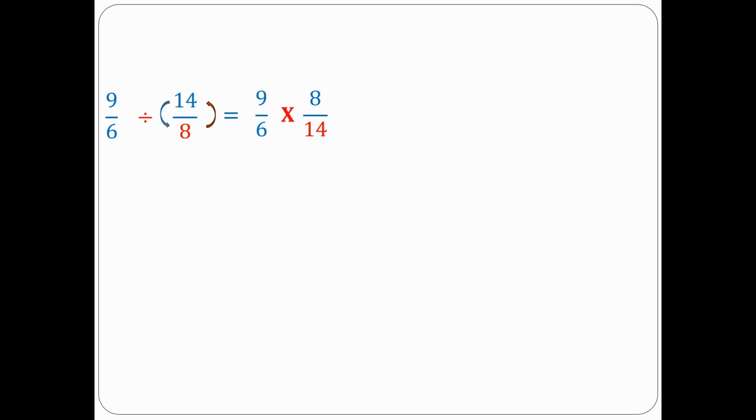Now to avoid multiplying large numbers, we will first break down the numbers into small values. So 9 will be broken down into 3 times 3, and 6 is 2 times 3. Then 8 into 2 times 4, and 14 into 2 times 7. Now we can cancel 3 and 2.